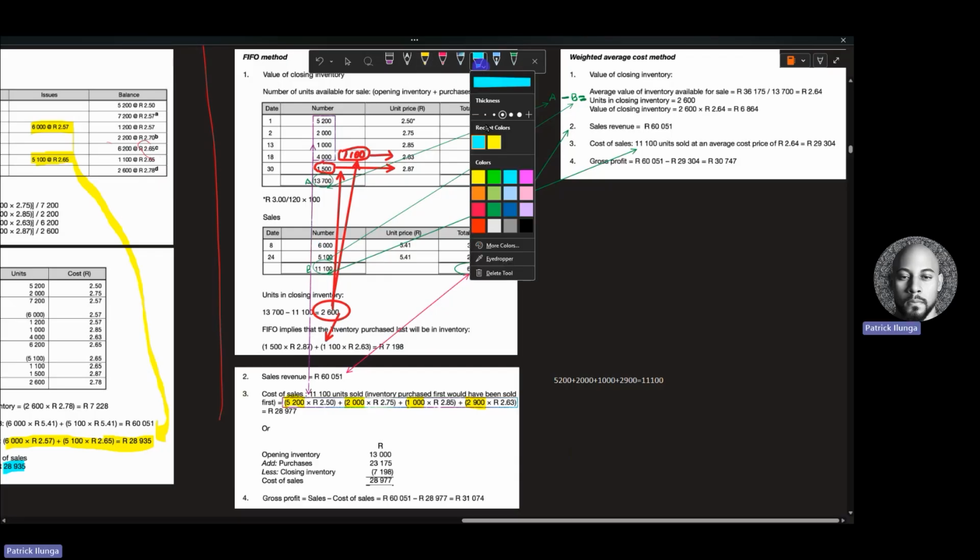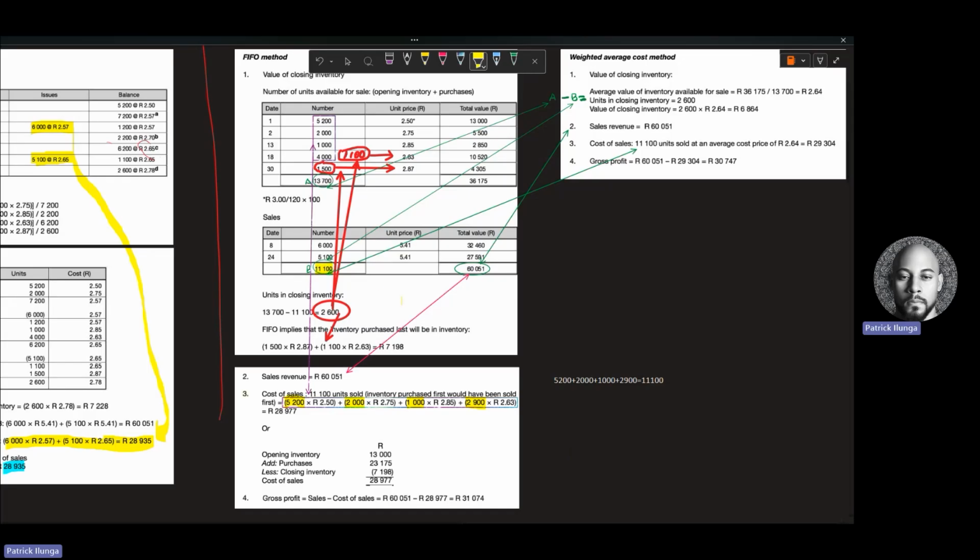I'm going to highlight for you. This is what was sold. Keep that in mind. Because it's FIFO, we need to follow properly to see which one came first. From what we sold, what came first was this, at this cost.